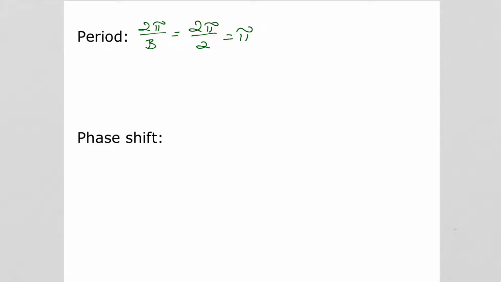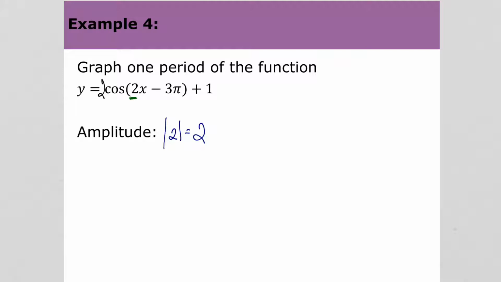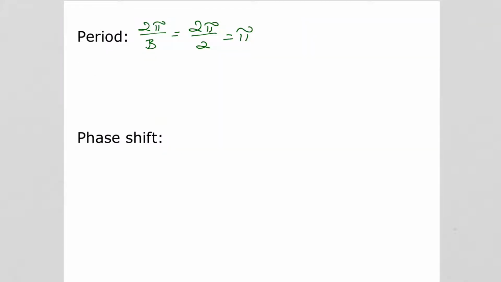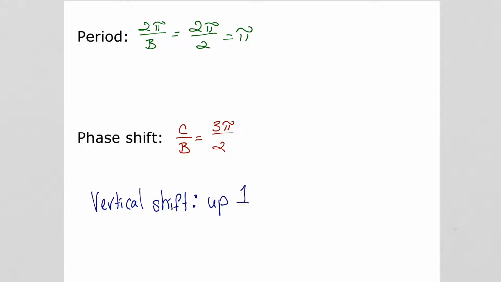And then the phase shift is C over B. And remember, we do the opposite. So we've got positive 3 pi over 2. And then we have a vertical shift, which we can write down. The plus 1 just moves us up 1.